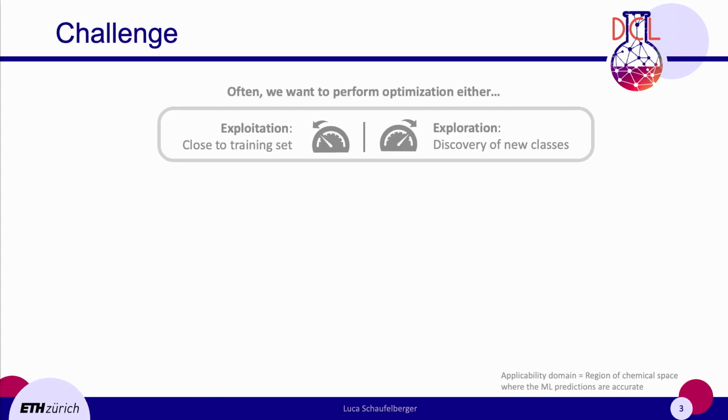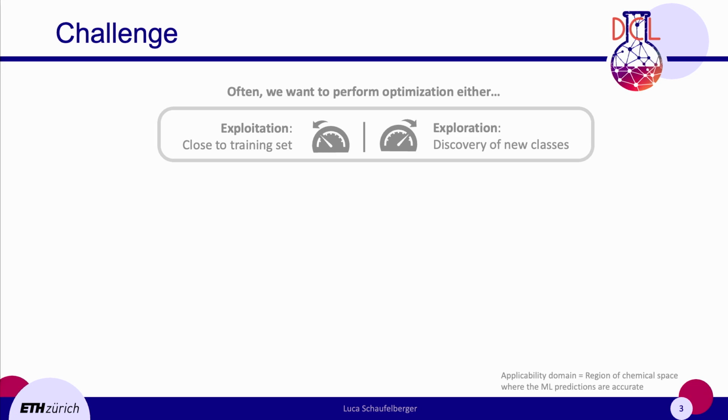However, in practice, when we want to do some optimization procedure, there are often two settings that we want to steer towards. One is an exploitation setup where we stay close to the training set. We get some very nice predictions, but maybe don't move so far away from the training set.